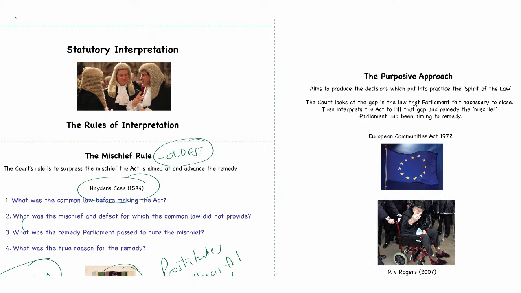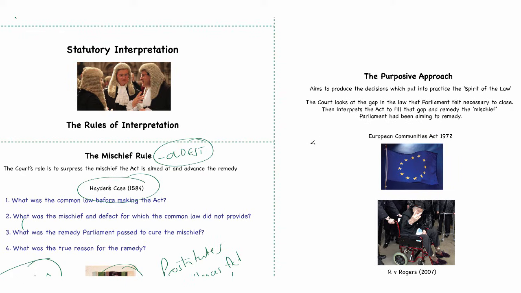The court looks at the gap in the law that Parliament felt necessary to close, then interprets the Act to fill that gap and remedy the mischief Parliament had been aiming to remedy. Okay, so that's slightly different here in terms of what the judge interprets. I'm going to come back to that in a moment.